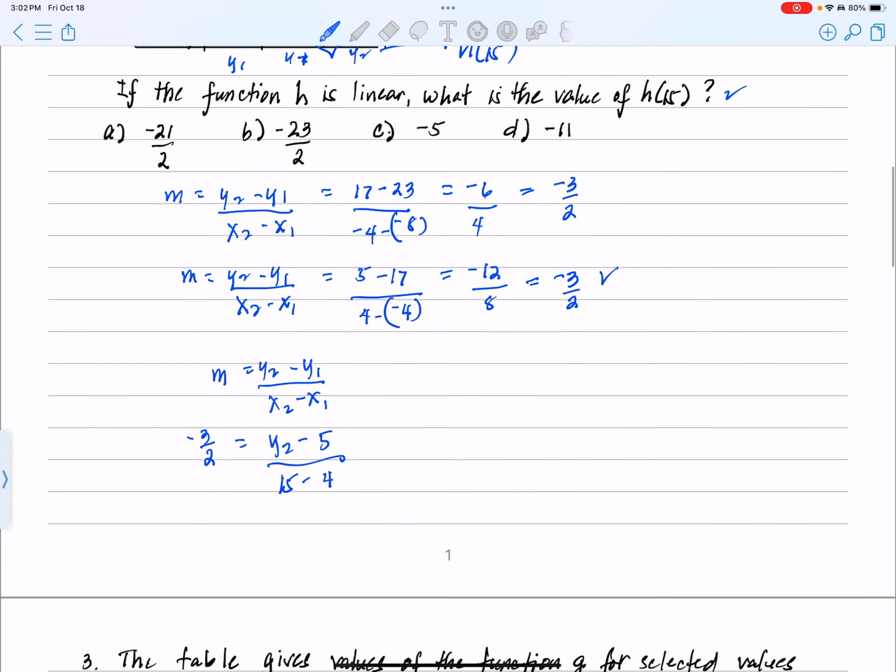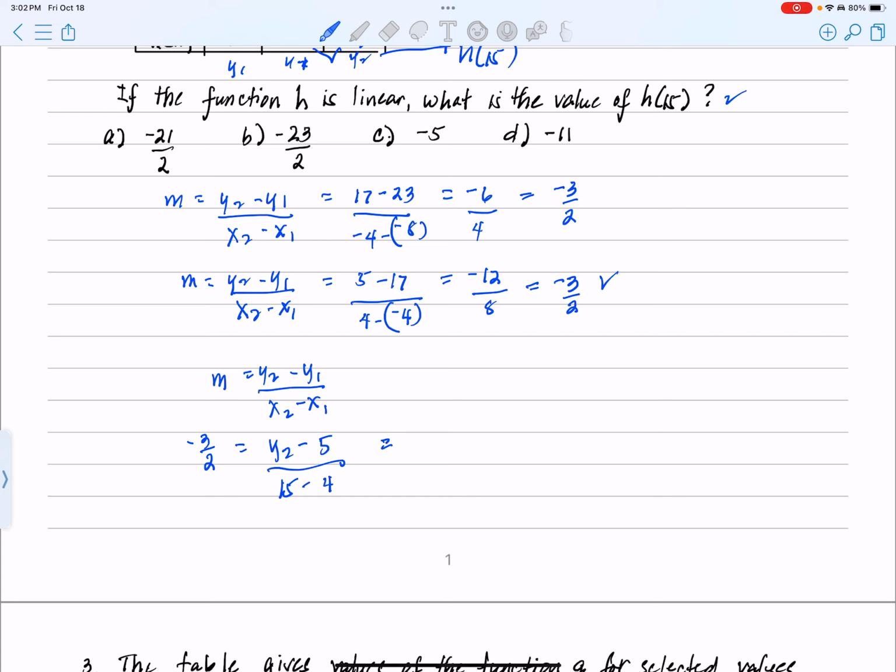Okay, let's do this. I'll use this space right here. So negative 3 over 2 equals y sub 2 minus 5 over 15 minus 4, that's 11. Okay, I will cross multiply, or multiply 11 on both sides, so that will become 11 times negative 3 over 2 equals y sub 2 minus 5. That would be 11 times negative 3, that's negative 33 over 2, equals y sub 2 minus 5. Transpose 5 to the left.